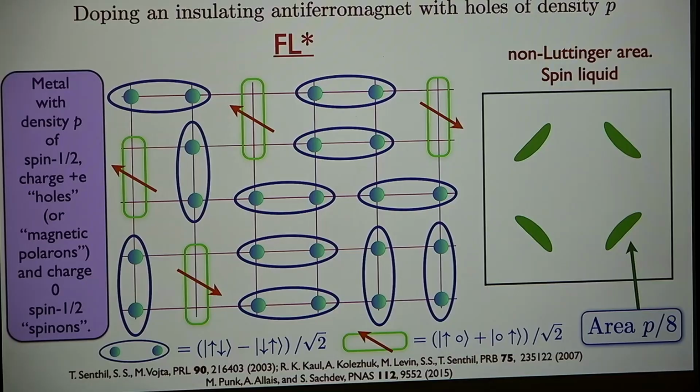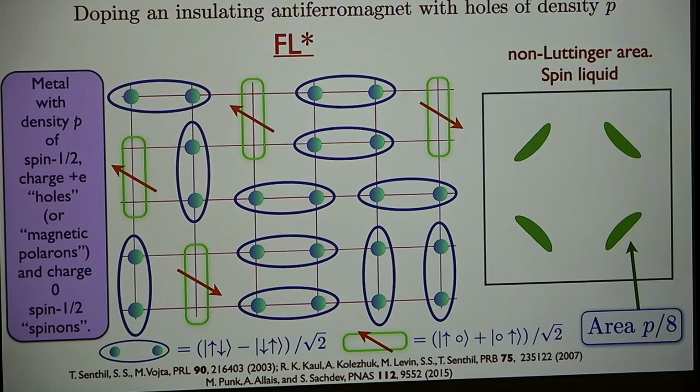It's a spin liquid. So if you looked at this very simple wave function in a colorblind way, it's an RVB state. It's just that some of the valence bonds are actually fermions and carry spin a half. That's all. And again, now you can apply the Luttinger theorem to the fermions. So now what will be the area enclosed by the Fermi surface of the fermions? They have to form a Fermi surface.